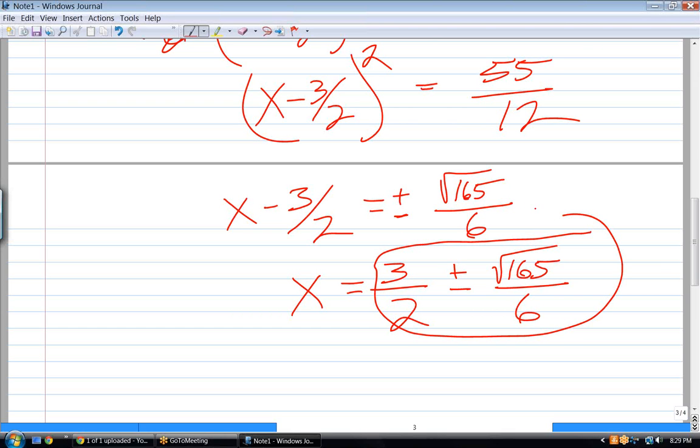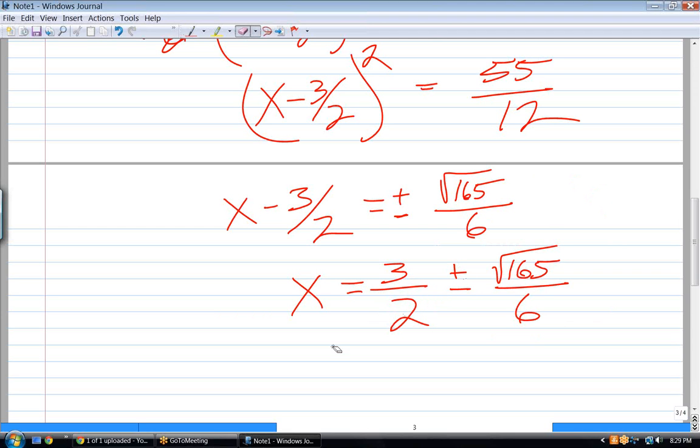If I put the 3 halves here and somebody wants to check the answer with the quadratic formula, first of all, you've got the plus and minus in front. Short answer is no, it doesn't matter, but it fits the form better.